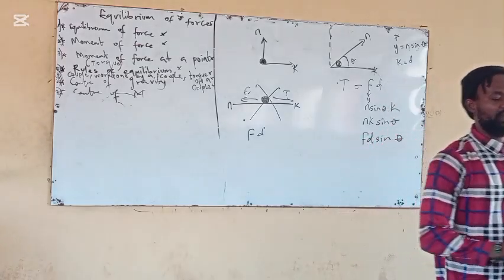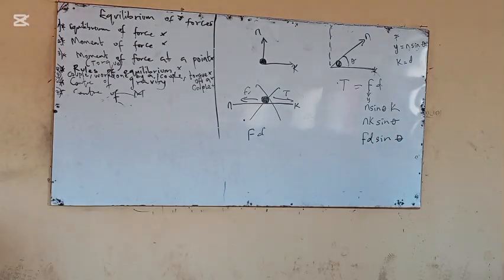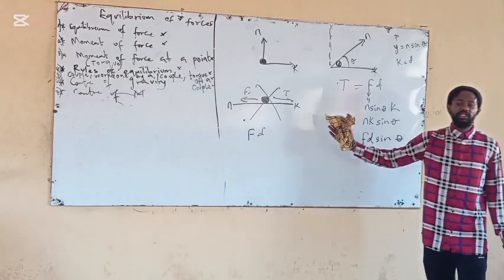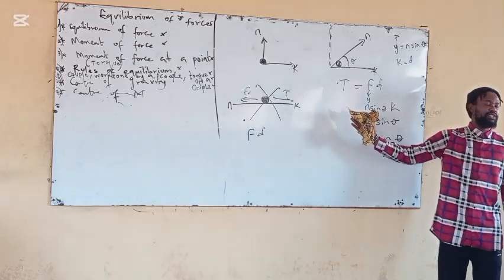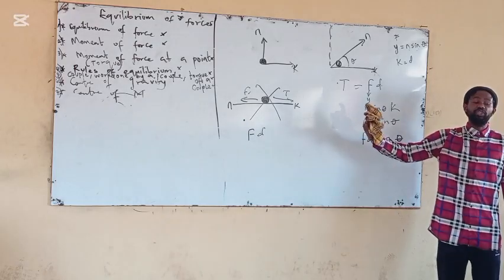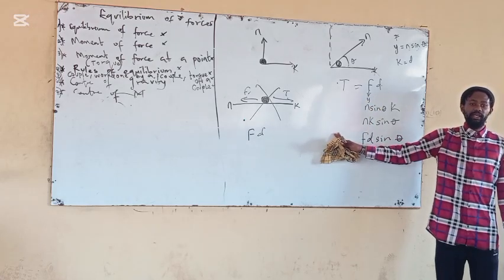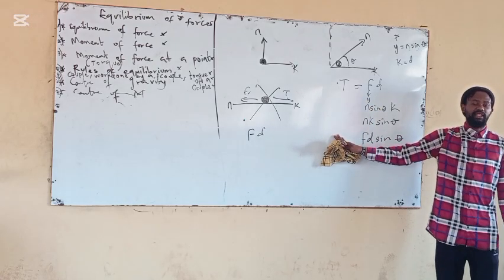There's a question I posted on the group. I need us to look at question 1. Use all the knowledge you've gotten so far to solve question 1 for me. If you look at this, nobody needs to tell you that this is the kind of question you will see in the exam, because it requires you really paying attention.